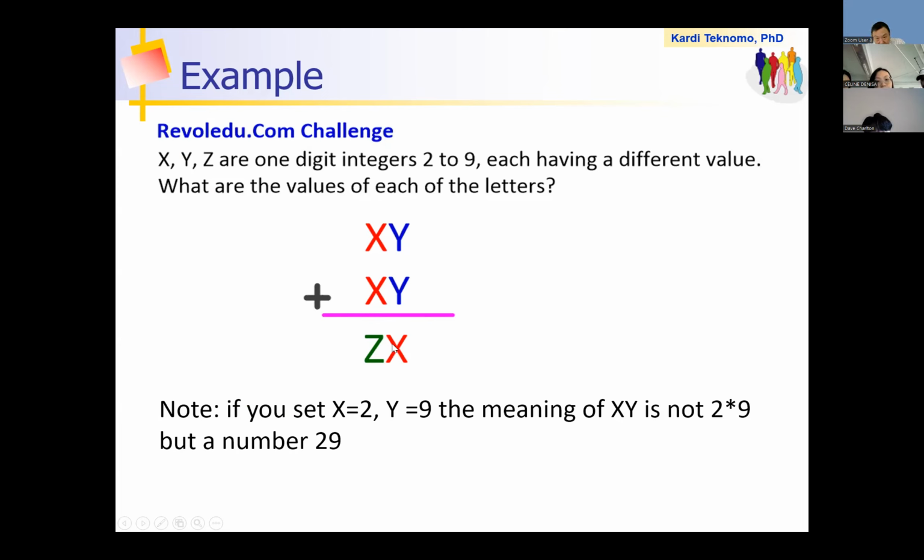But this is not correct because x must be 2, not 8, right? So then you need to find what is x and what is y and what is z. Can you do this by inspection? Dave?